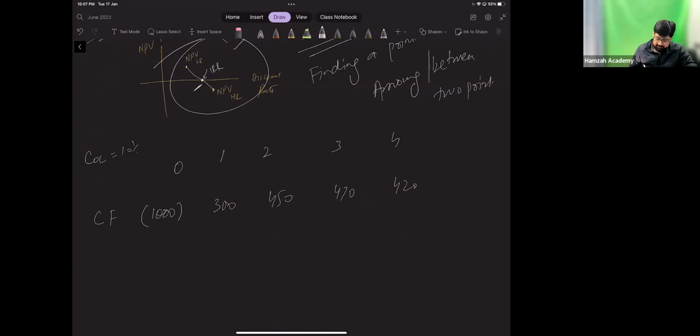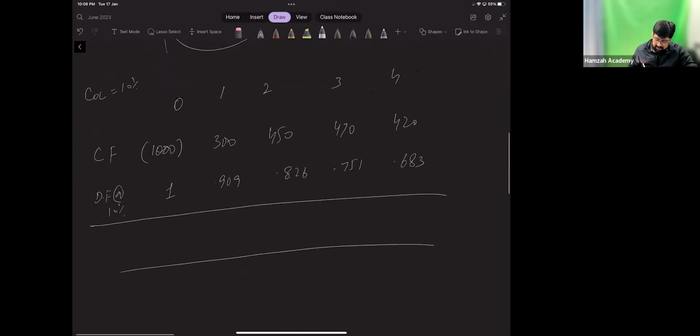What is NPV? So discount at the rate of 10%. We can see it from the discount table. It will be available in the exam platform. 0.909, 0.826, 0.751, 0.683. This is the discount rate. Multiply and give me NPV at 10%. Be quick, everyone.